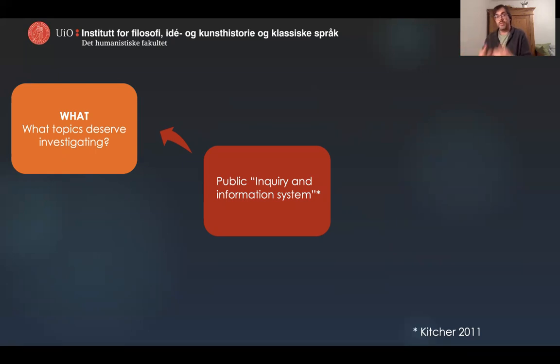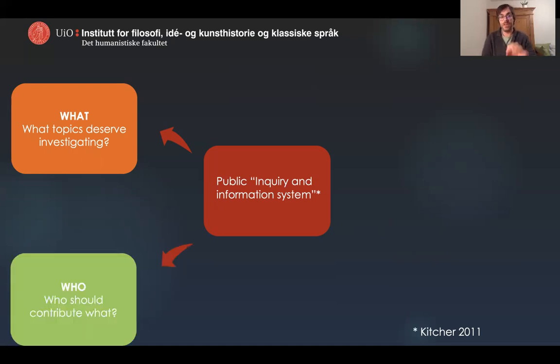So what topics are worth investigating is the first question. The second question is, who should be the person or people who contribute to that store of information the public uses to make its decisions? So who should contribute, and what do they contribute?